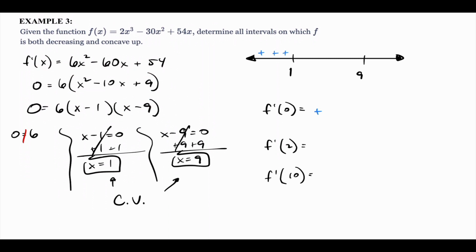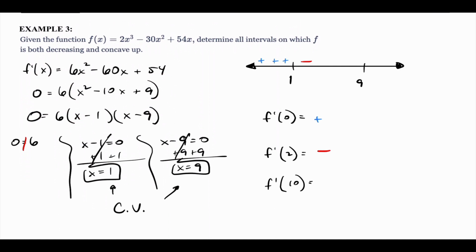When I plug in 2, I get 1 and negative 7. So 6 times 1 times negative 7 is going to be a negative number. There's my decreasing. Plug in 10. 10 minus 1 is 9. 10 minus 9 is 1 times 6. Positive number.